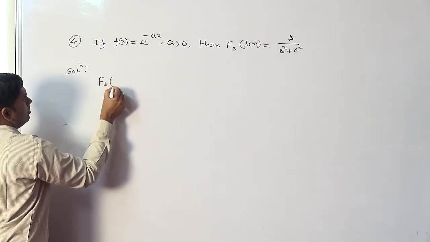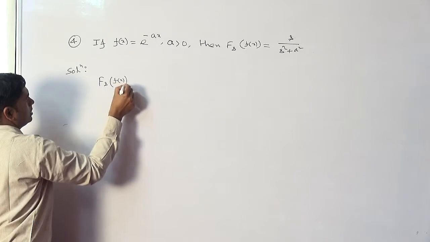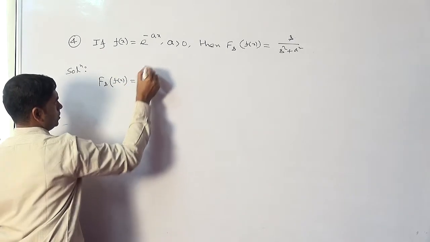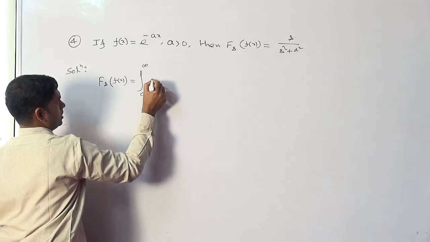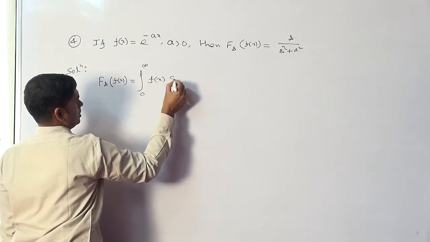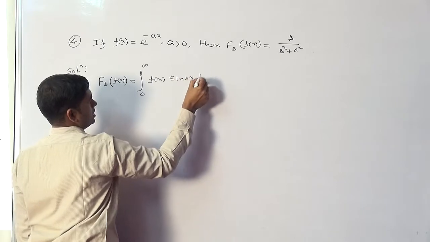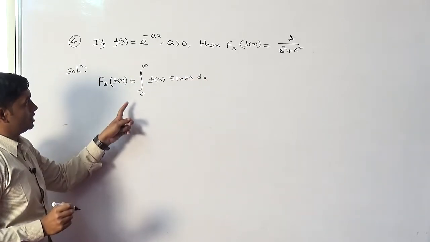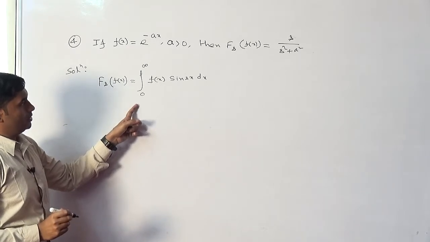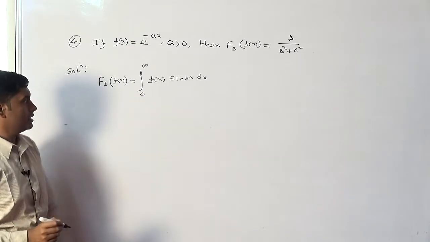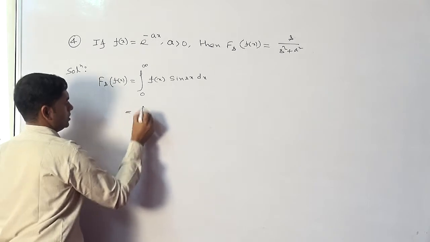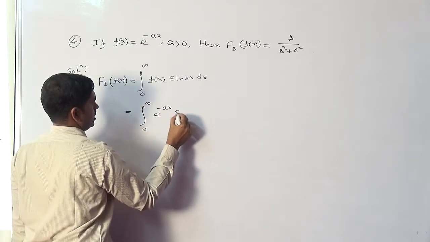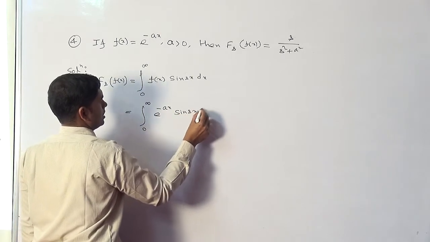F_s of f(x) is the integration from 0 to infinity of f(x) sin(sx) dx. So this is the Fourier sine transform definition. Now this is the integral from 0 to infinity of e to the power minus ax sin(sx) dx.